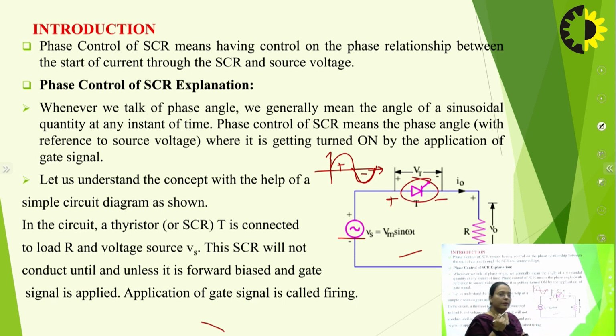When the thyristor is forward biased and we apply the gate signal, the triggering pulse, it will get turned on. The instant from where the thyristor gets forward biased to the instant where it actually gets turned on is called the firing angle, represented by alpha.